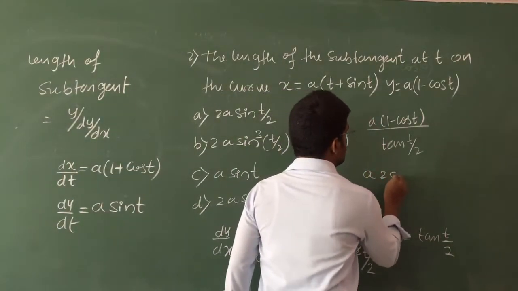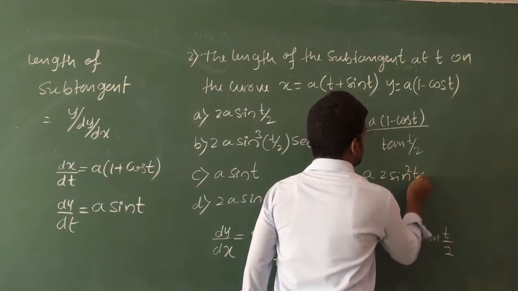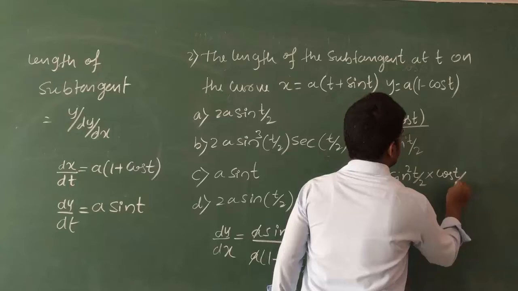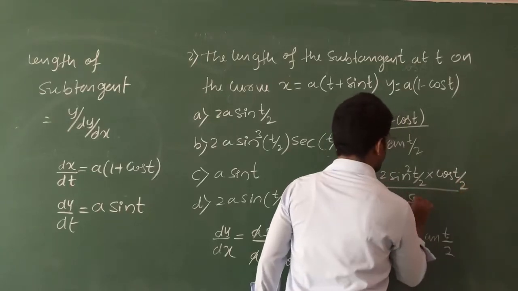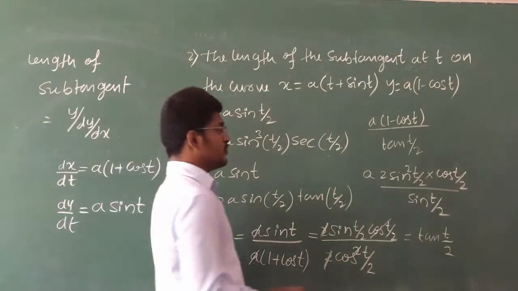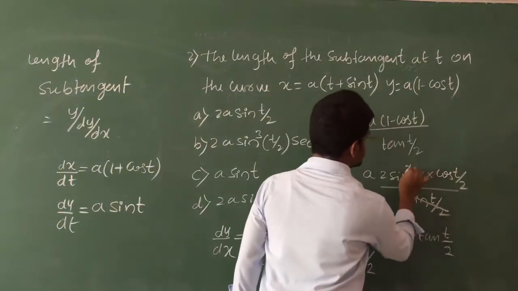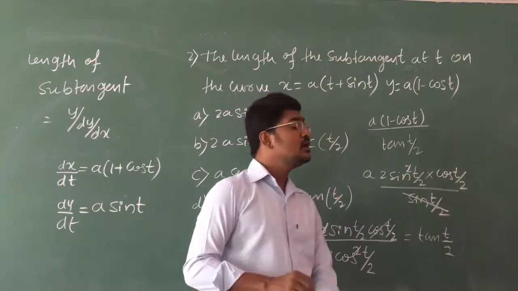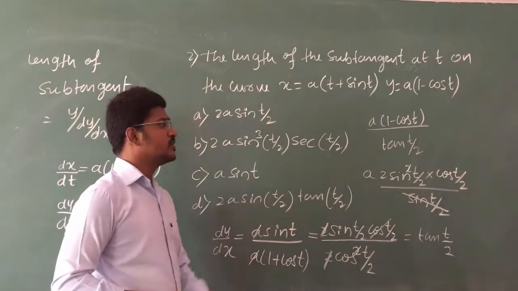So that is 2 sin square t by 2 into cos t by 2 divided by sin t by 2. Clear? So from this you can cancel sin t by 2 with sin t by 2. Tan t by 2 I have resolved here.